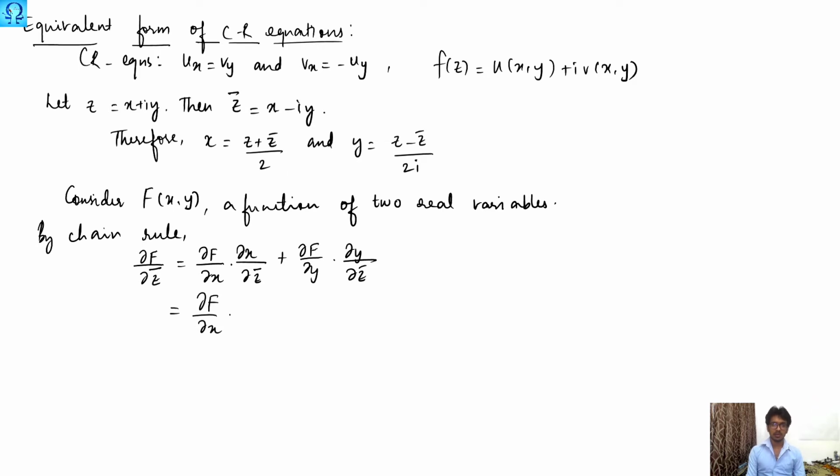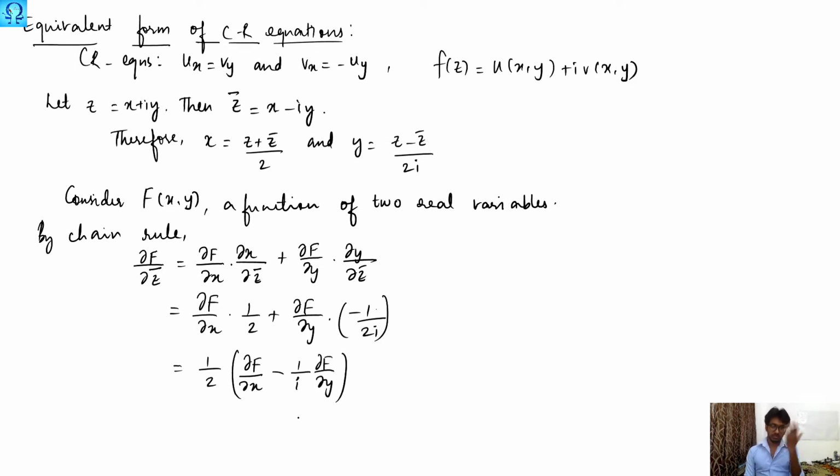But this is 1 upon 2 del f upon del x plus del f upon del y times minus 1 upon 2 iota. So if you take 1 upon 2 outside, this becomes del f upon del x minus 1 upon iota del f upon del y.